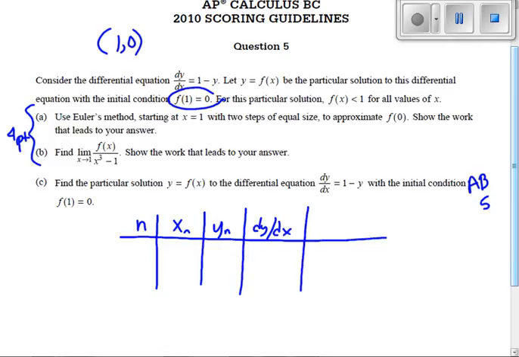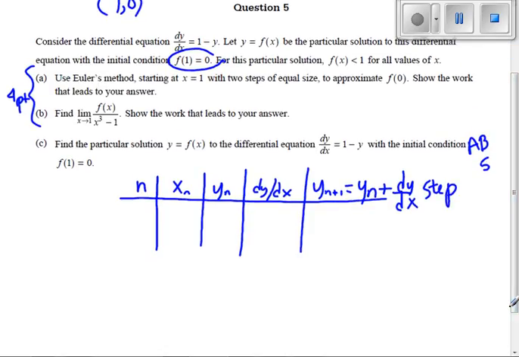And then to find my new y, they call it L, plus dy/dx times my step size. That's the plan. You don't have to go very far. So for the first, zeroth iteration, we are at (1, 0).